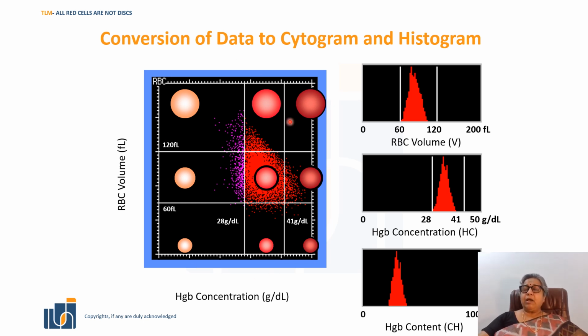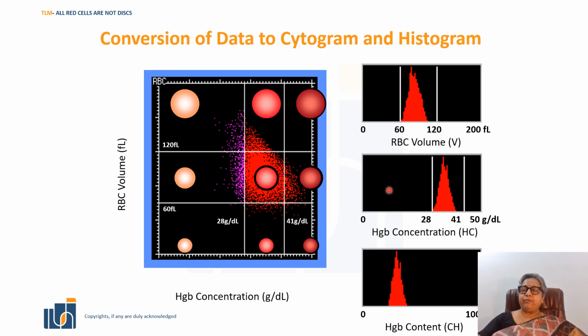So this is a very pictorial representation of what one would see on the peripheral smear. So if you are able to understand and interpret this cytogram, then it makes a lot of sense. This is the RBC volume, shift to the left, shift to the right. This is the hemoglobin concentration versus the size.